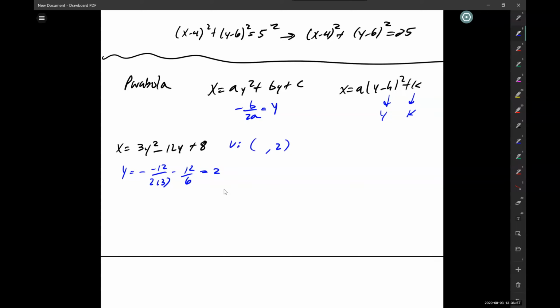In order to find the x coordinate, we're going to plug that value into my equation. So we know that x is equal to 3 times 2 squared minus 12 times 2 plus 8. And if you work that out, that gives you x is equal to negative 4. So now we have a vertex.